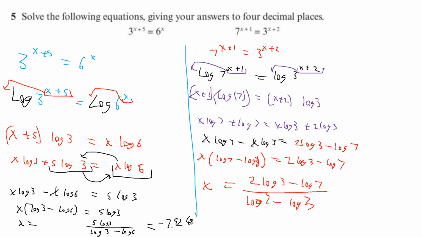And it doesn't matter what base you use. As I mentioned before, you should still get an answer of, if I've plugged this into my calculator correctly, 0.2966. And those are your final answers.